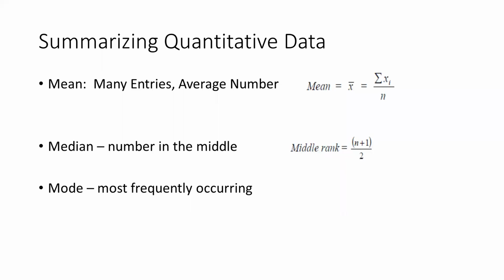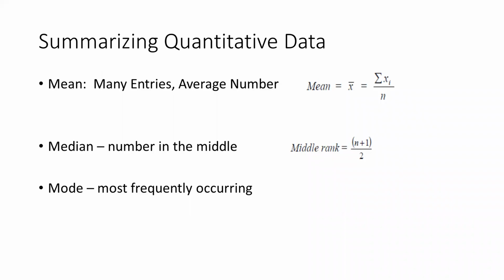When I'm talking about height, X for me may be 1.5 meters, while X for Precious may be 1.7 meters, and so on. So the summation of Xi, where each individual has their X, divided by the total sample size gives you your mean.